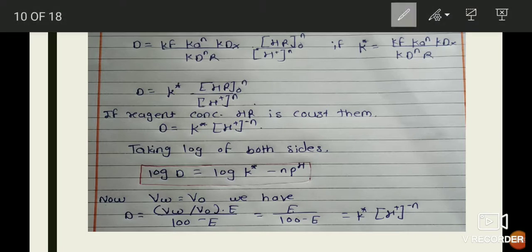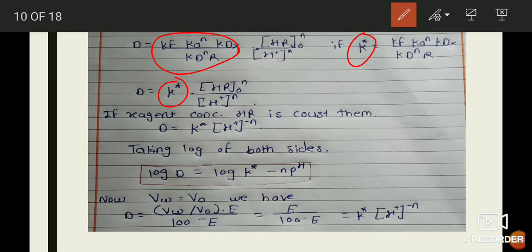This term is also called K star, a constant. Then the equation: D is equal to K star into [HR] organic phase divided by concentration of H plus ions in organic phase.